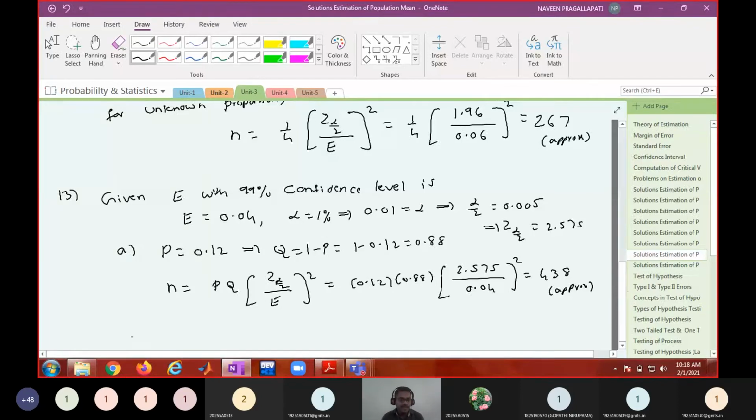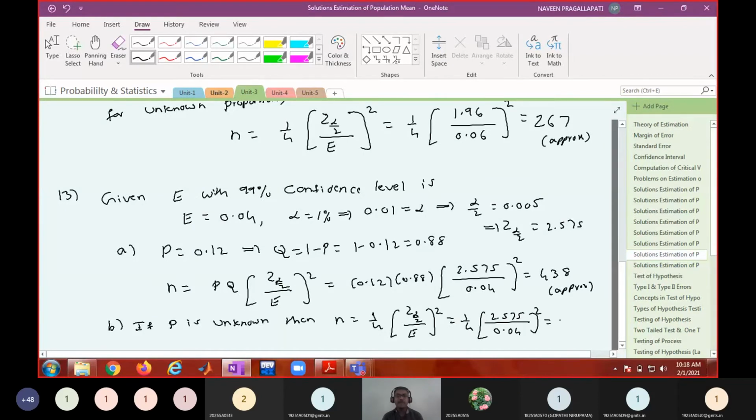Second part, if P is unknown, the sample proportion is unknown, then n equal to 1 by 4 into Z alpha by 2 by E whole square, equal to 1 by 4 into 2.575 by 0.04 whole square.